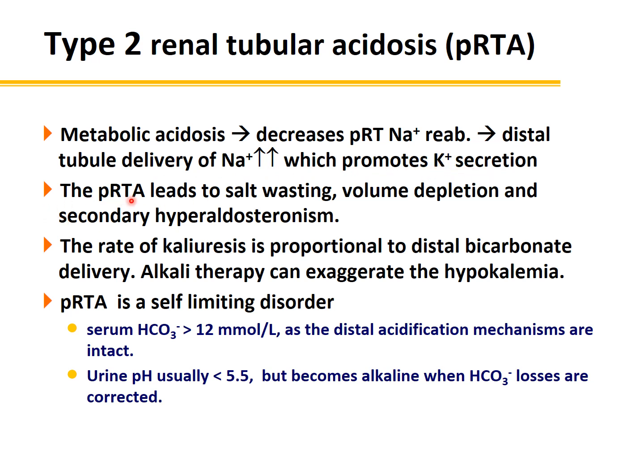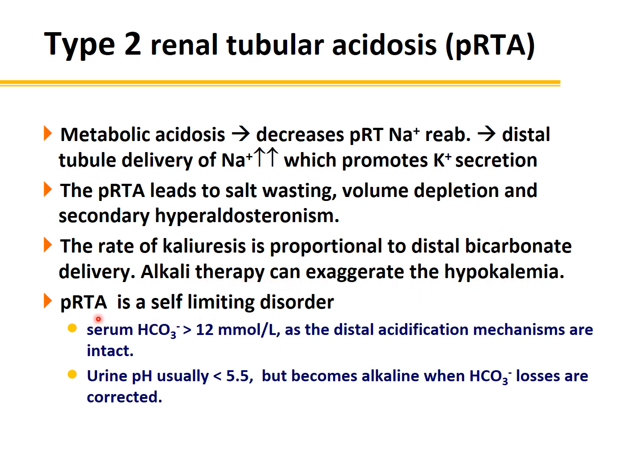The proximal renal tubular acidosis leads to salt wasting, volume depletion, and secondary hyperaldosteronism. The rate of kaliuresis, the potassium excretion, is proportional to the distal bicarbonate delivery. Alkaline therapy can aggravate the hypokalemia. So when you give more bicarbonate solution, it causes hypokalemia.